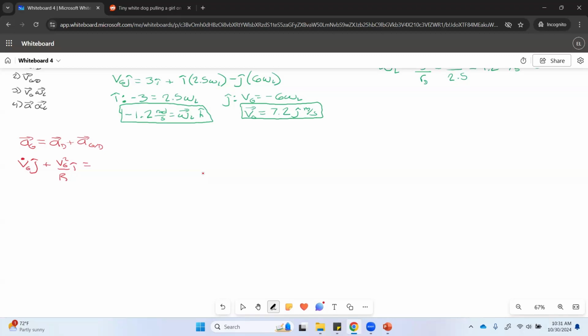And then acceleration of D, which is given, and that's all in the I. Plus, we will have alpha cross RG with respect to D, plus omega cross omega cross RG with respect to D.